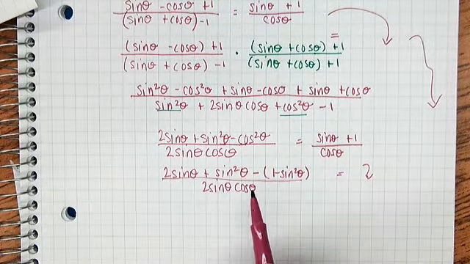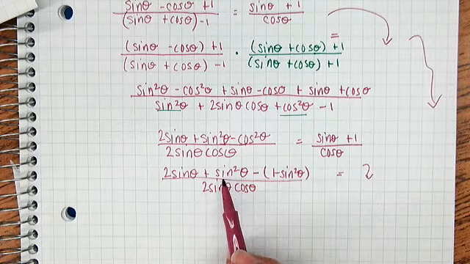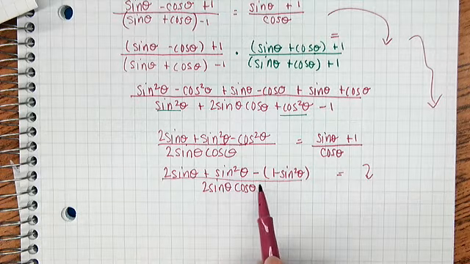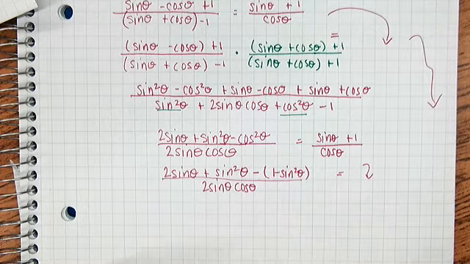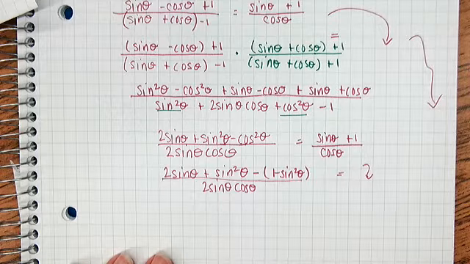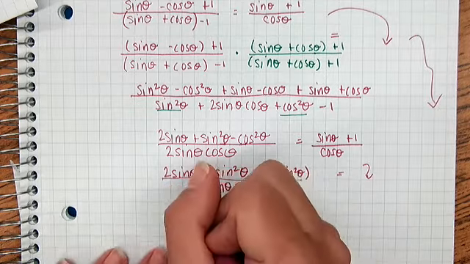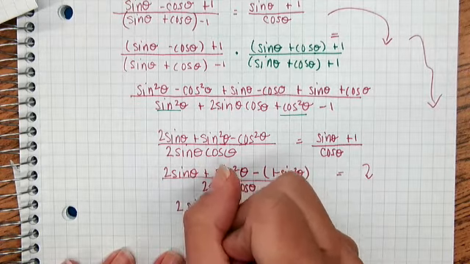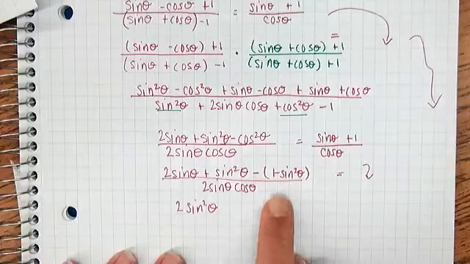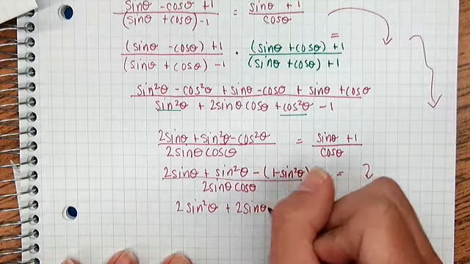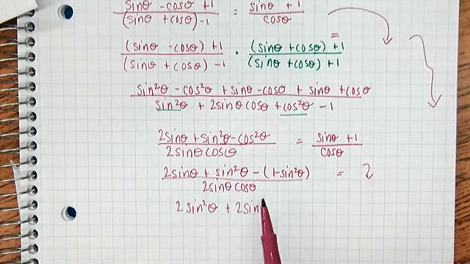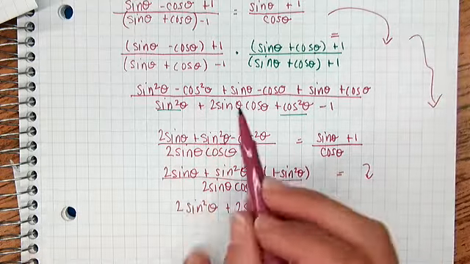Okay, so you have sine squared plus sine squared is 2 sine squared. Two sine squared plus 2 sine theta. I have an extra 1 in here that I'm not supposed to have because I forgot way up here.